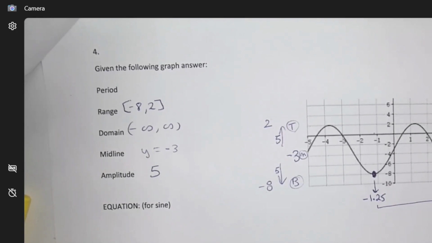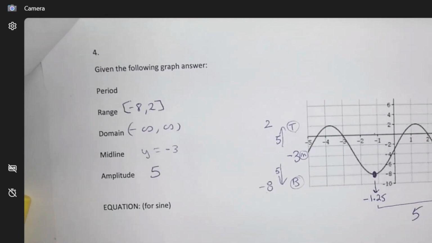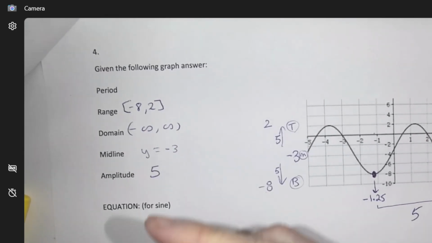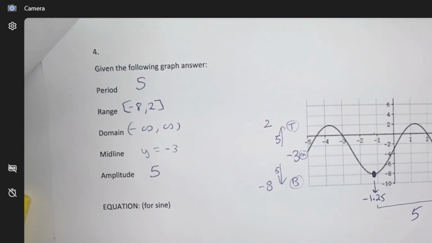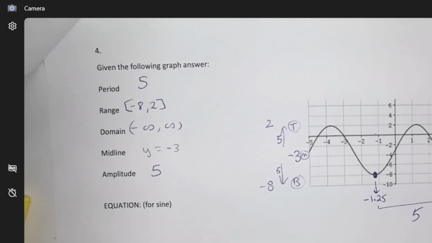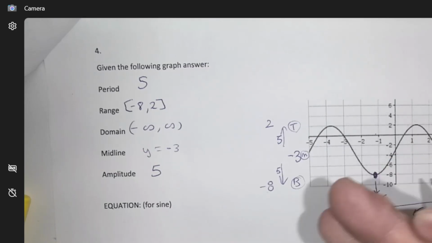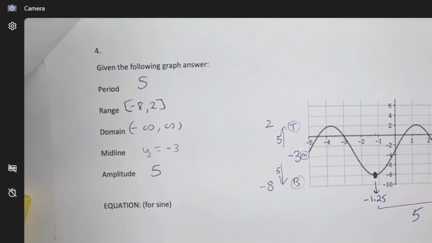No. This space? 5. There's 5 spaces in between those. So the period is 5. You had it? I had it. Wow. No calculator. No, look, haven't touched my calculator. It's not even on today.